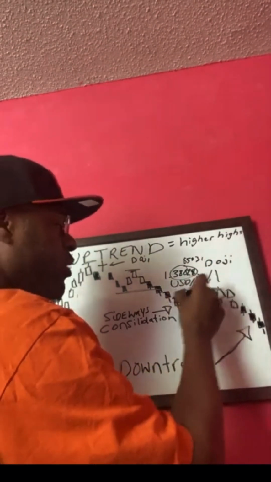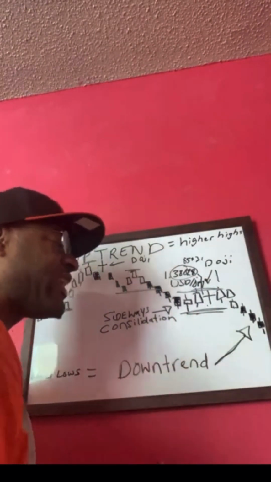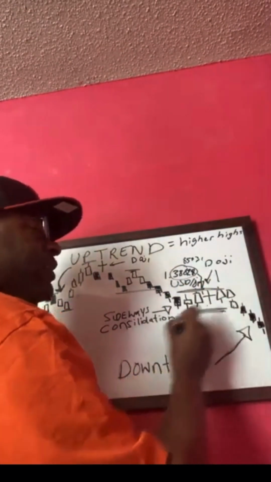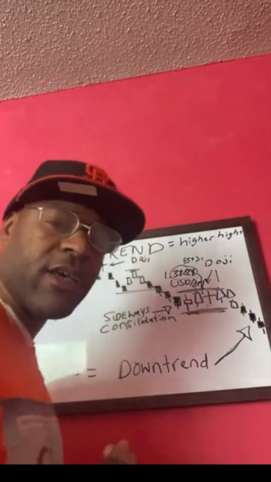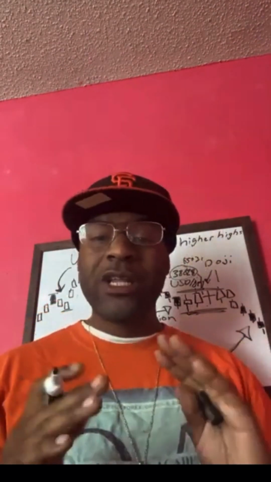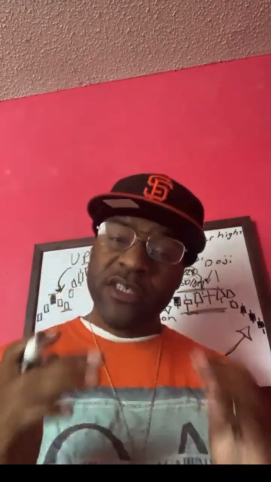It's still going within a trading range, meaning there's no significant movement other than within this particular range. We call that consolidation in the trading world. It's not moving. It's standing still. It's going a little bit up, a little bit down, but there's no clear direction. And when that happens, it's consolidation.